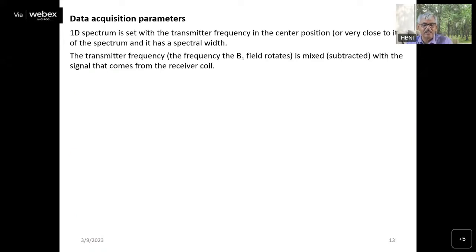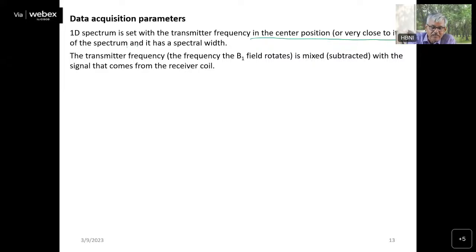Now let us see that when you record a 1D NMR, there will be certain data acquisition parameters. The 1D spectrum is set with a transmitter frequency, which, as I told you, is placed at the central position or very close to it of the spectrum.